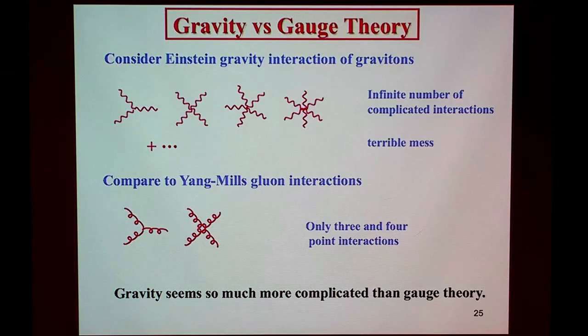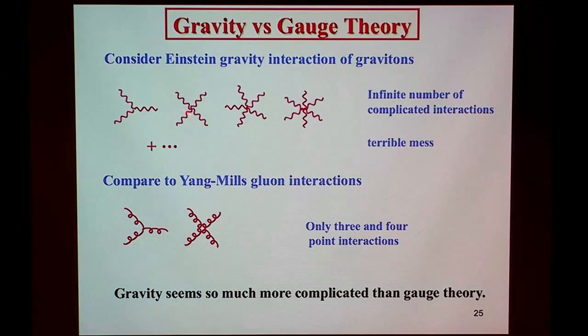Now let's compare what happens with Feynman diagrams of gravity compared to gauge theory. So that's the Yang-Mills theory. And very quickly, you realize that there's trouble with Einstein gravity in its complexity. I was complaining about complexity in gauge theory just a minute ago, but gravity makes gauge theory look like child's play.